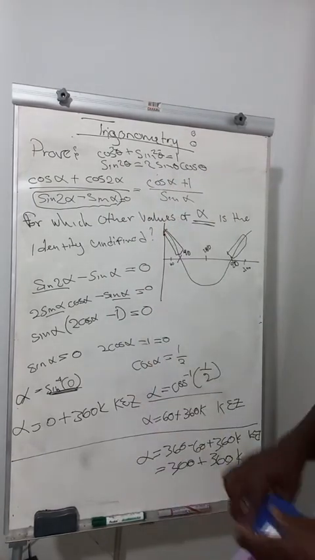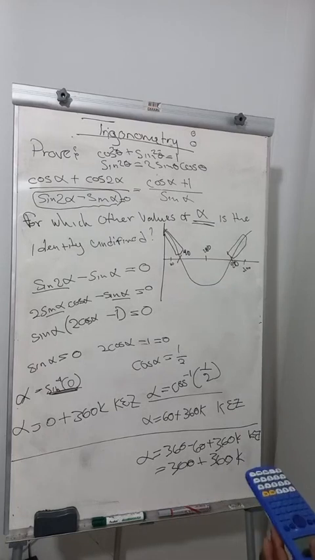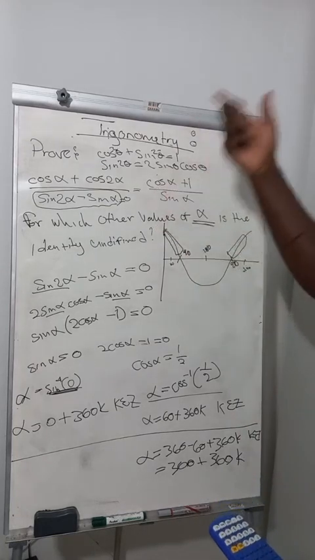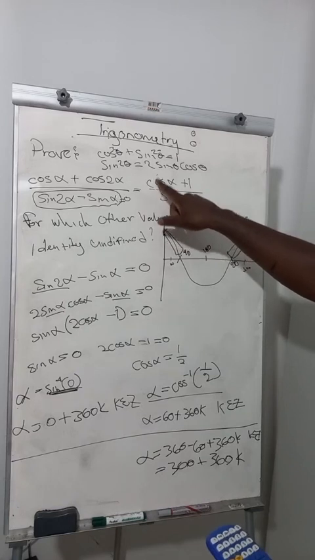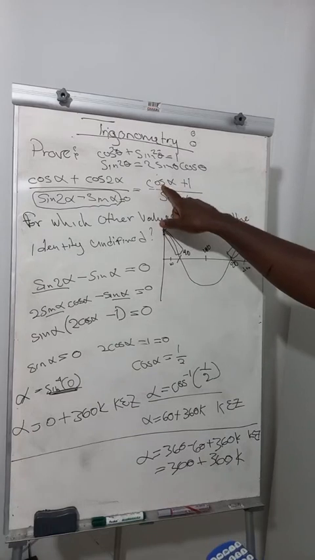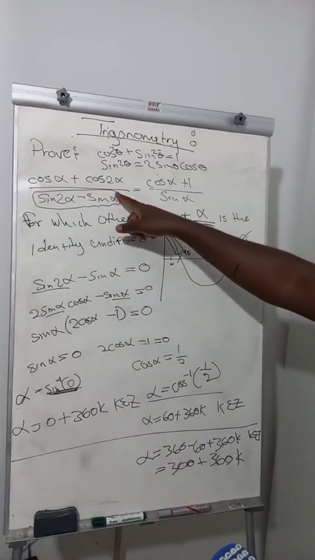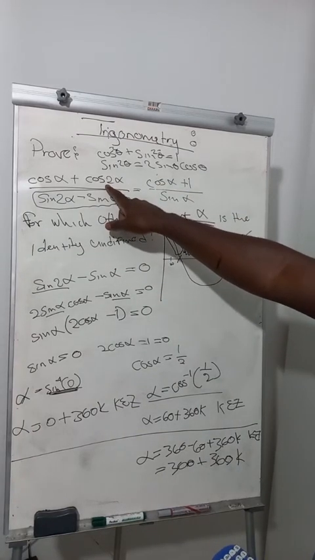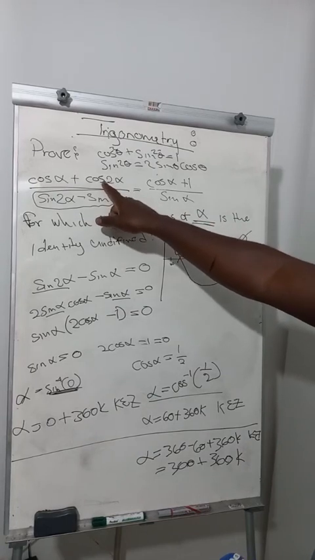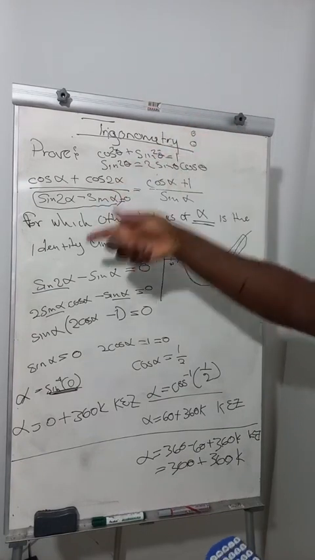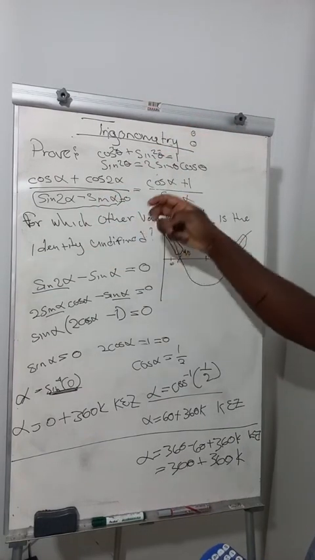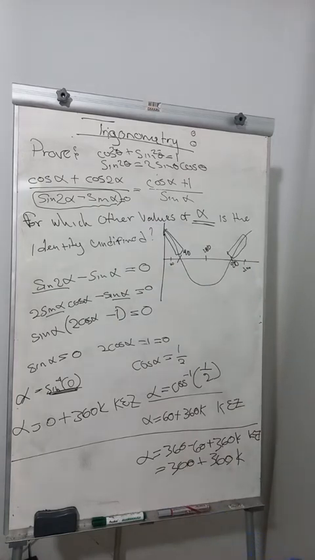So I'll just say try to check which trig function is on the other side. Like this side, you can see that there is a cos. So it won't be of any significance for me to replace it with something having a sine here, because it's just going to take me a long time to solve this. Yes, I'll reach the answer, but I'll be substituting a lot of things. So that's the reason.